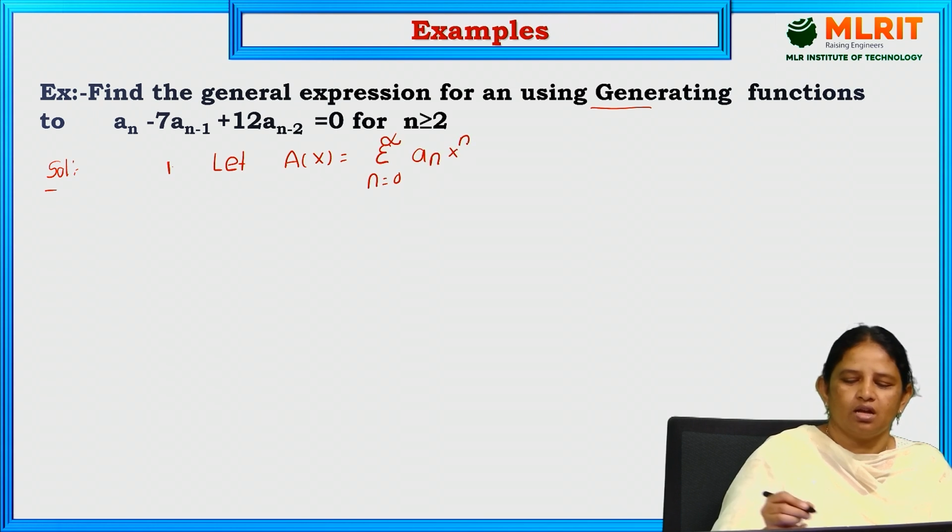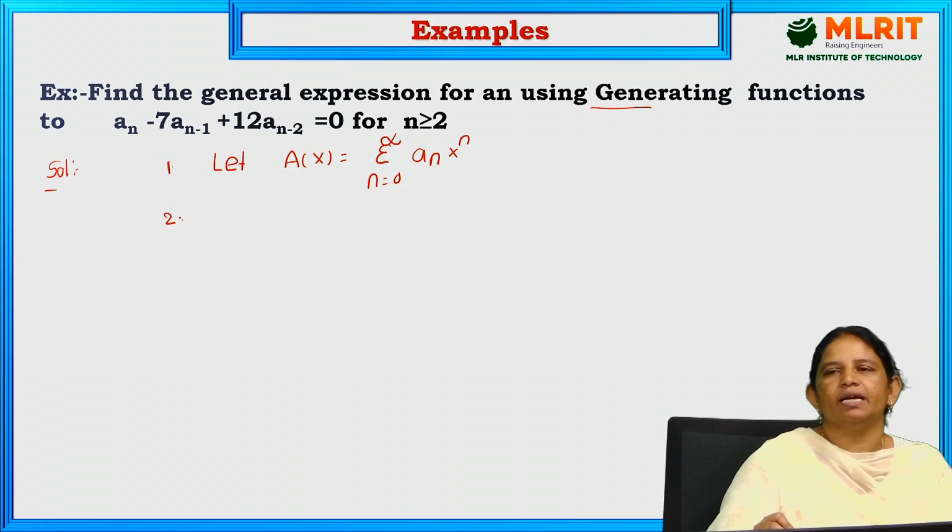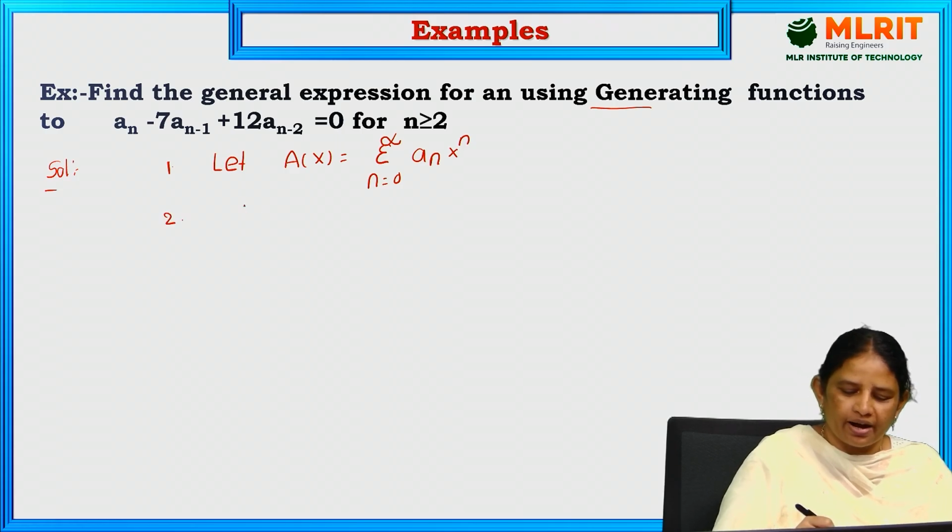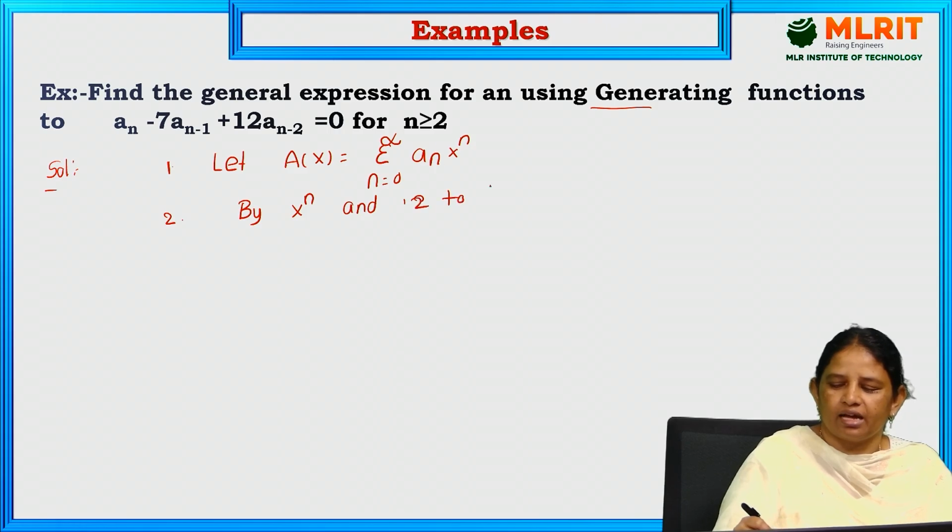Second step, multiply each term by x to the power of n and take the summation from 2 to infinity, because n is greater than or equal to 2.